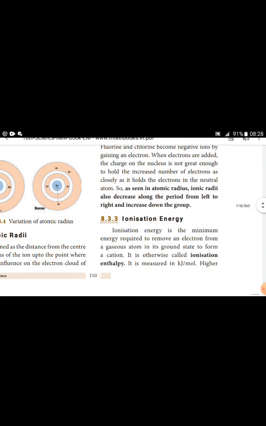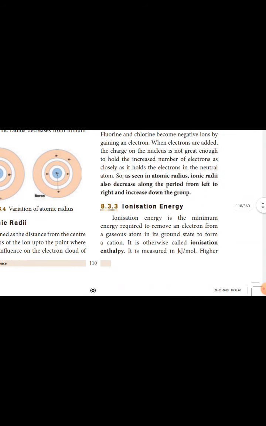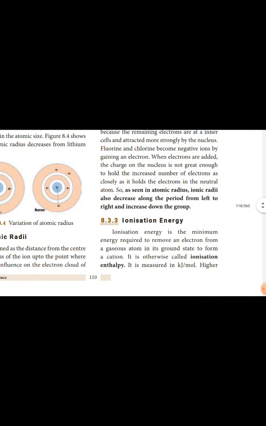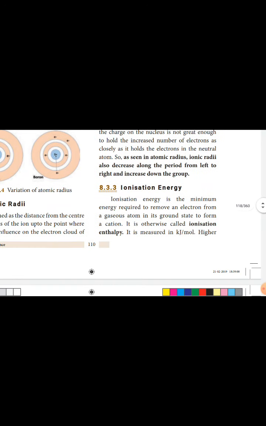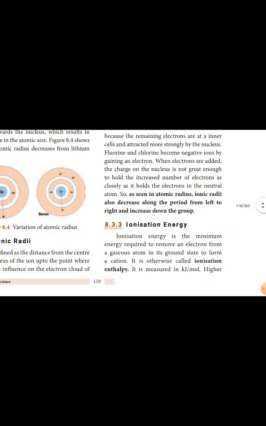And ionic radius also decreases because electrons are attracted most strongly by the nucleus. So along the period, when we go from left to right, atomic radius decreases and ionic radius also decreases.